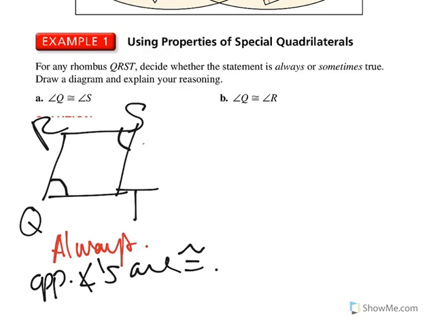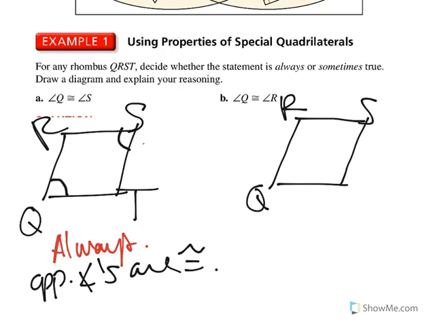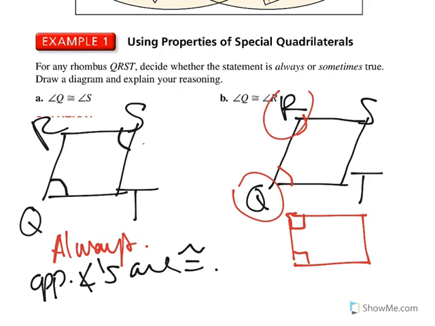And if we look at B, and we draw our picture, QRST, and it's saying that angle Q is going to be congruent to angle R. Well, the only time that's ever going to happen is if it's straight up and down and they're both 90 degrees, because the two consecutive angles right next to each other add up to equal 180.